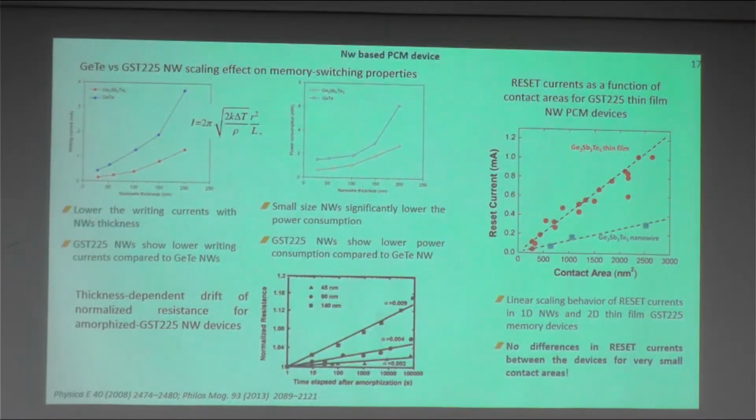Here, reset currents also have been measured in dependence on the contact area. Here you see the nanowires, and here the thin film, and here we see the dependence of the reset currents. For the nanowires, it's generally lower than for thin film.